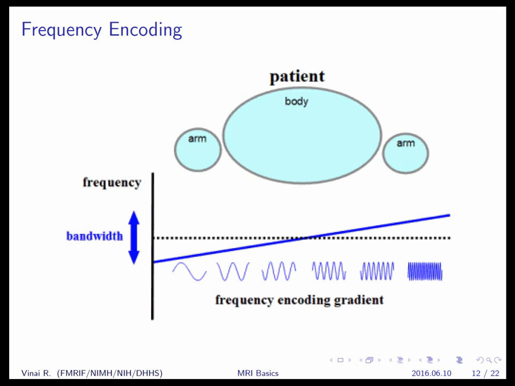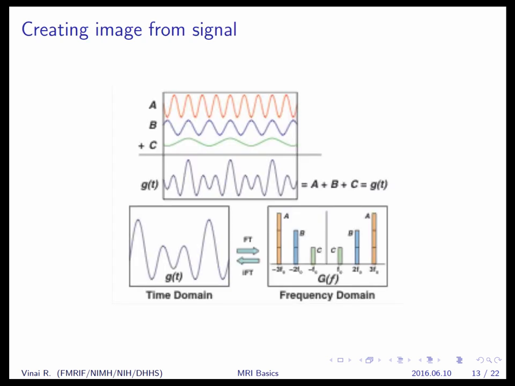Whereas in the body, these intermediate frequencies may have higher amplitude because they come from a bigger sample area. So what Fourier analysis will do is it lets you take this mixture of signals that you detect and break it down back into these individual components, and it tells you how much of each frequency there was in your original sample.